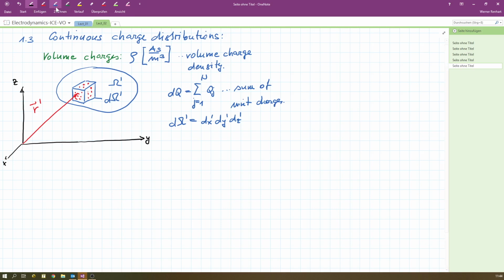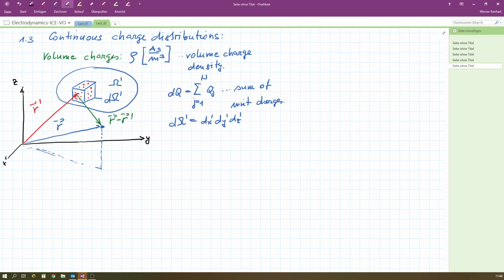maybe this is our field point, and the field point vector may be the vector r. And we have the separation vector, it's always the same. r minus r prime is our separation vector.